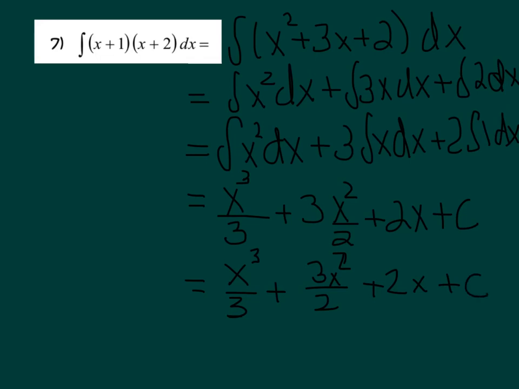So if we try the derivative of this function really quick, we would have to do 3x squared over 3, because 1/3 is a constant. So that would be 3x squared over 3. That would be x squared here. And then if we do 3 times x squared over 2, its derivative would be 3 times 2x over 2.